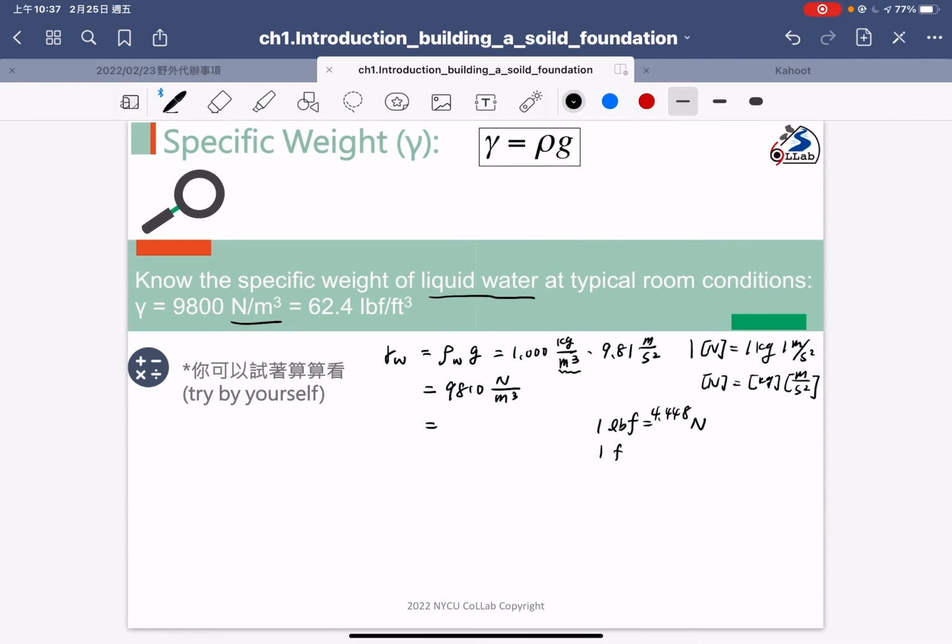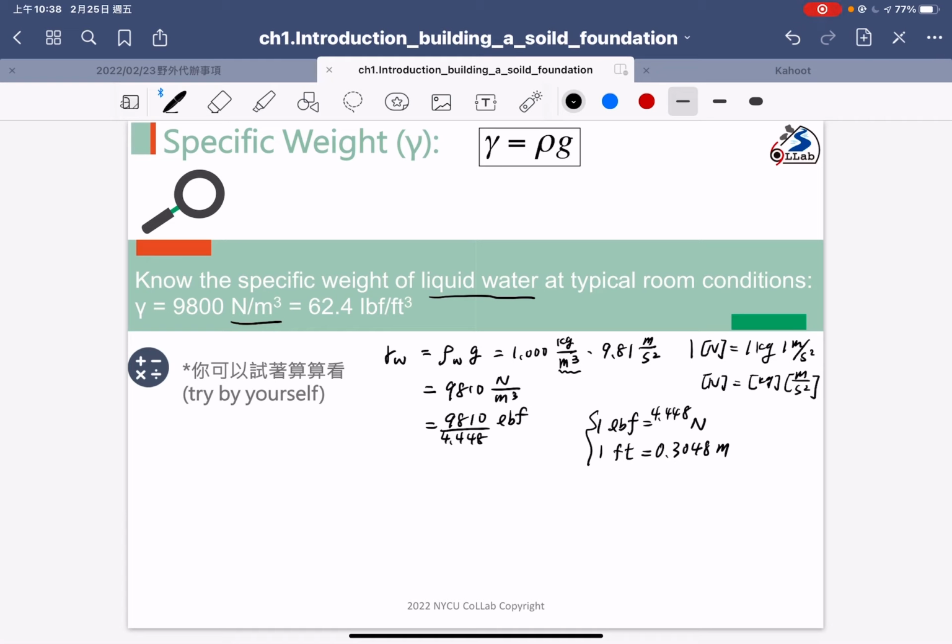So for all of the units showing standard unit 公制, you can, based on the two relationships, convert to 英制单位. Okay, so we know the 9810 should be divided by 4.448, and then the unit will convert to the pound force, right?